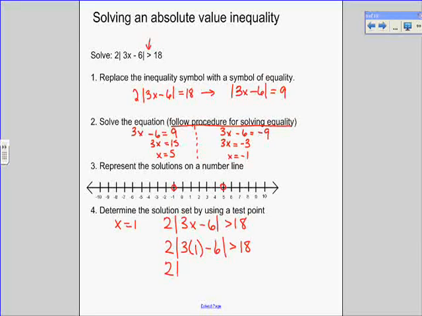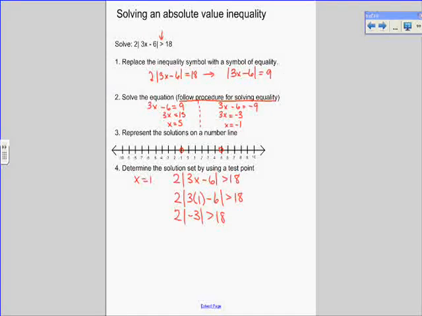That becomes 2 times the absolute value of 3 minus 6, which is negative 3. We can already see this isn't going to be true. Absolute value of negative 3 is just 3, which gives me 6 is greater than 18. That's not true. So I know that my solution does not fall between these 2 points. My solution ends up being on either side of those points.